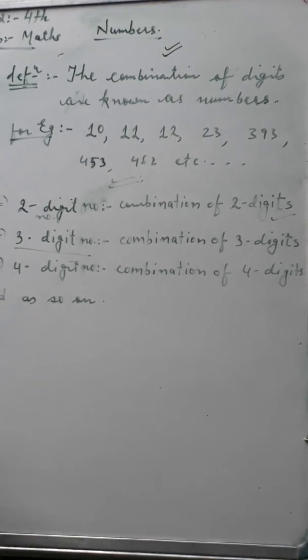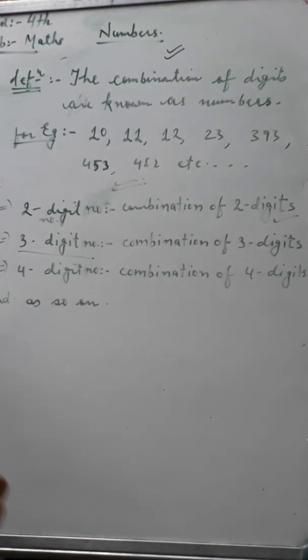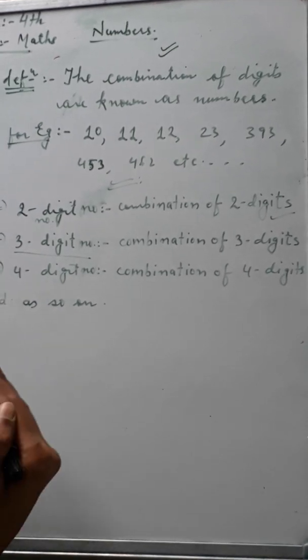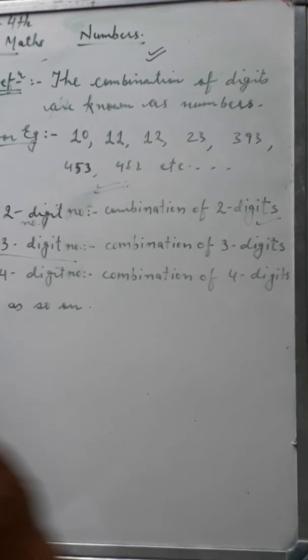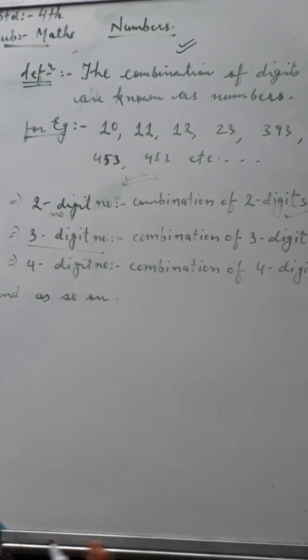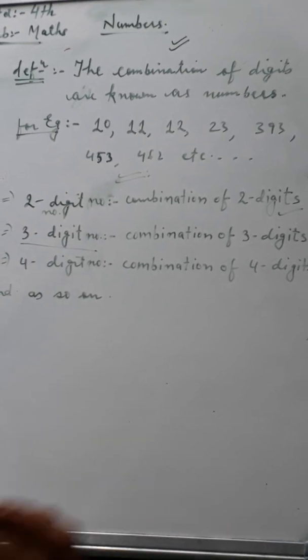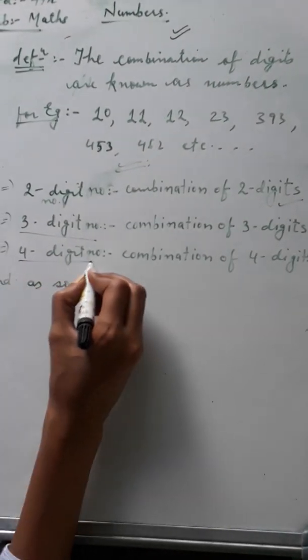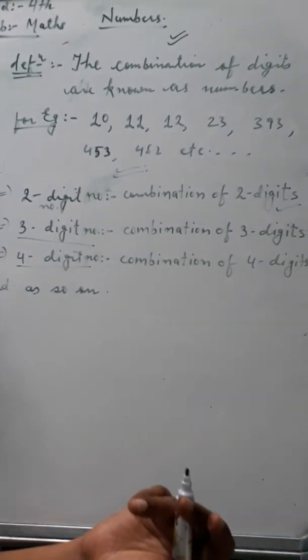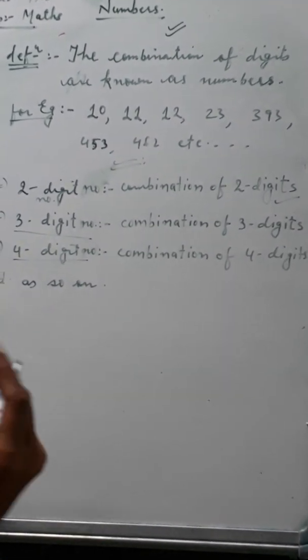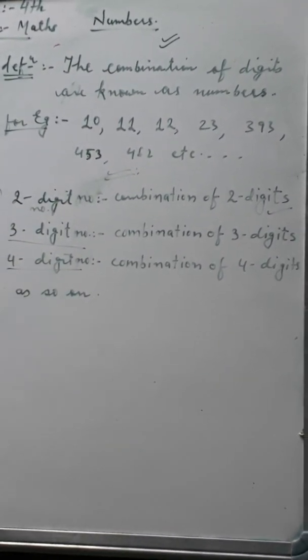When we combine 3 digits, we get a 3-digit number, and when we combine 2 digits, we get a 2-digit number. If the topic says 10-digit number, then we combine 10 digits to get a 10-digit number.